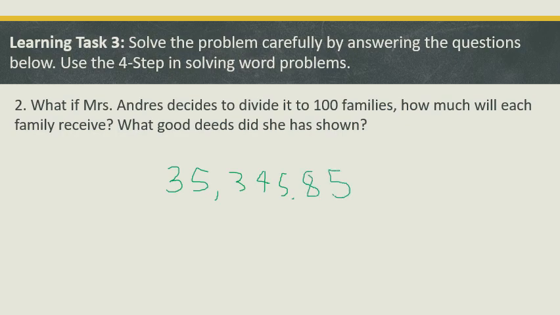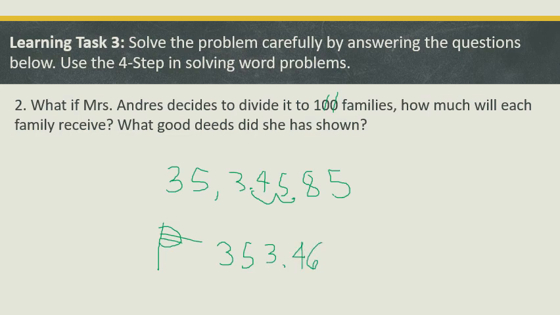So, kung 100 daw ang maghahati-hati, ilang 0 ang 100? 1, 2. So, dalawang places tayo sa kaliwa. 1, 2. So, nandito na siya. So, ang makukuha nila is 353 and 46 centavos.